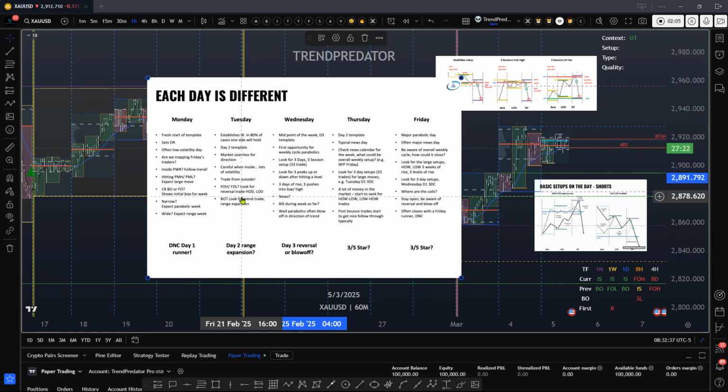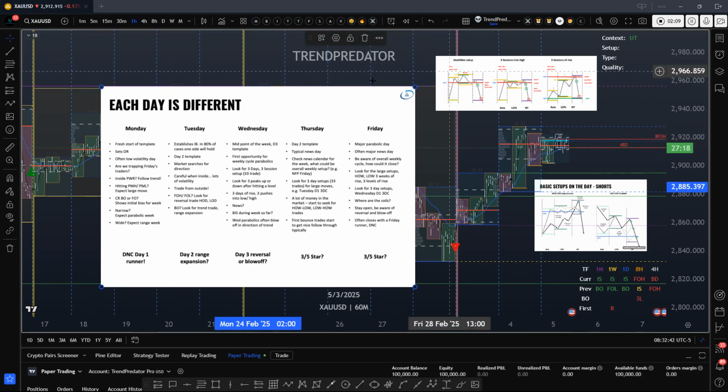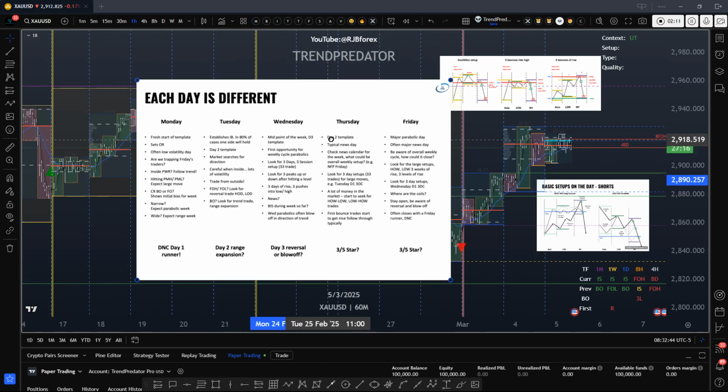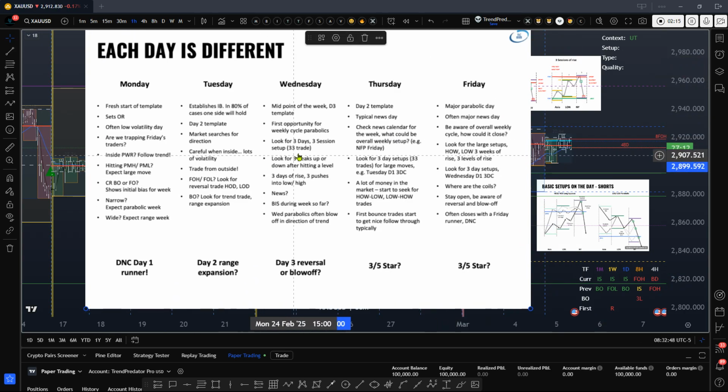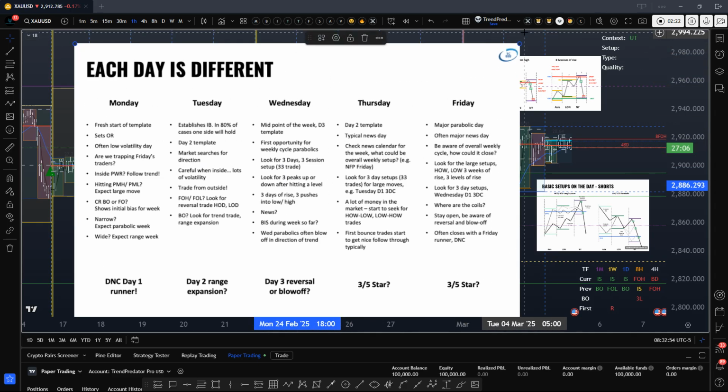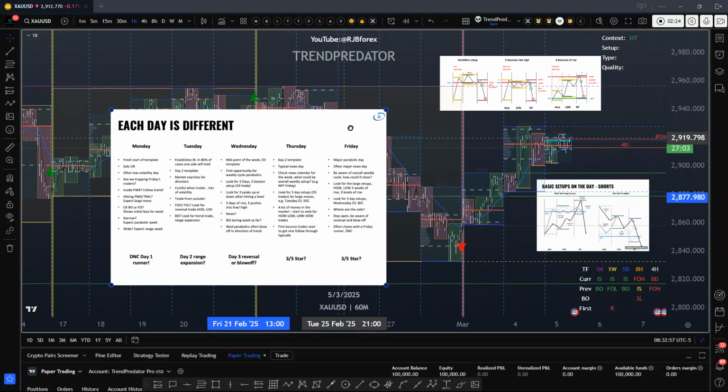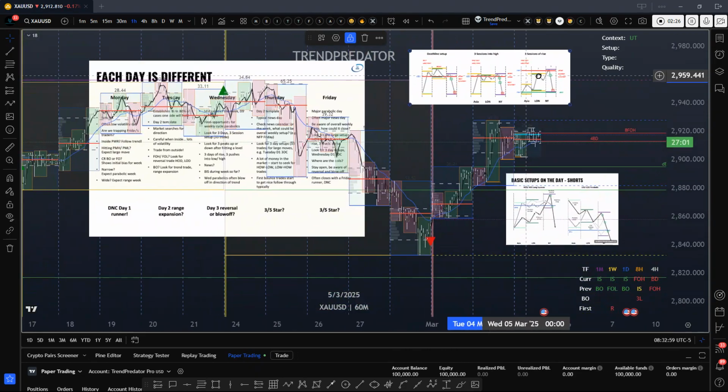Okay, I'm back and I've managed to get some images onto the chart. So we were talking about day 3 being Wednesday. And what we're doing is we're looking for certain setups on the day. So let's just look at the chart on gold, and we'll use gold as an example.